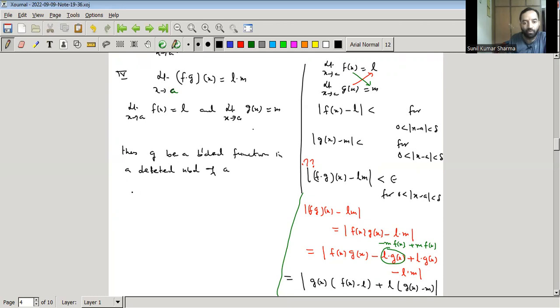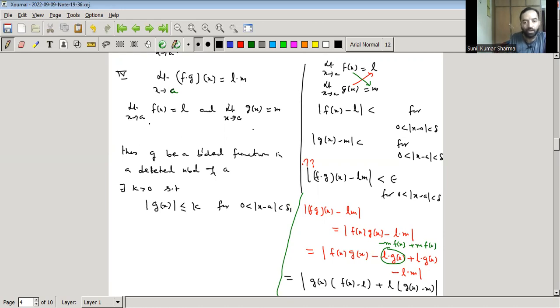So g is bounded. It means there exists k greater than 0 such that mod of g of x is less than or equal to k for 0 less than mod x minus a less than delta 1. Let it be delta 1.